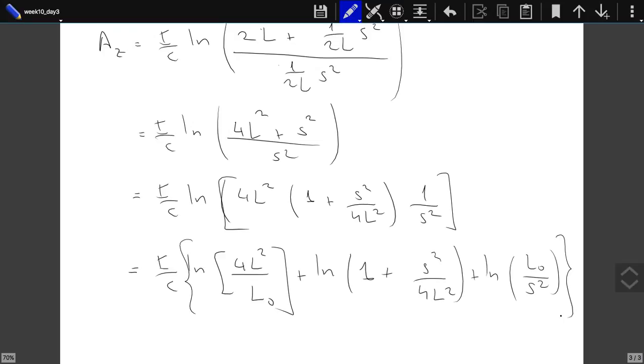In the electrostatic case, remember, we couldn't set the potential at infinity to 0, so we just set the potential at some finite distance from the wire to 0. Similarly, this L0 is related to where you put the vector potential equal to 0.